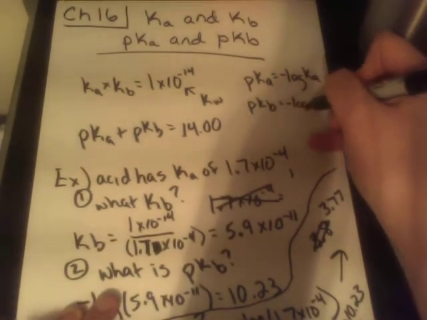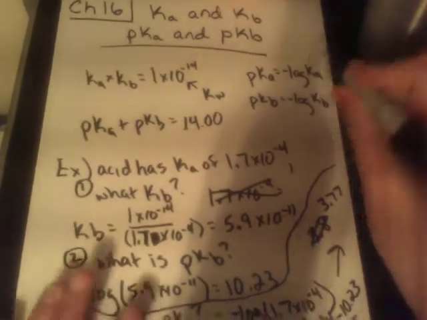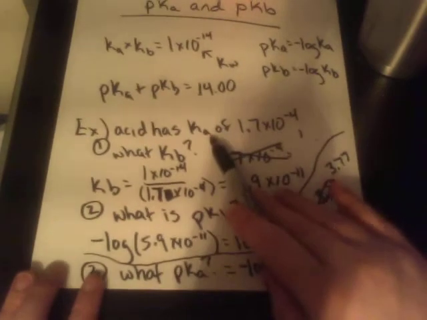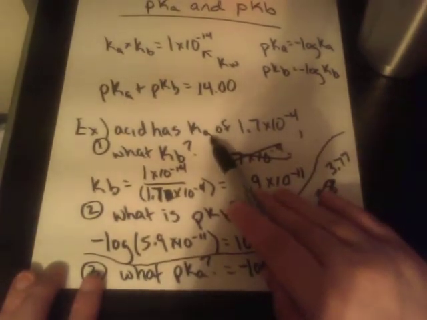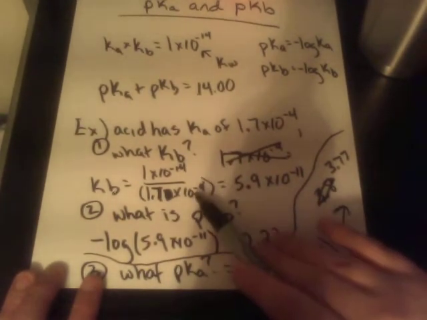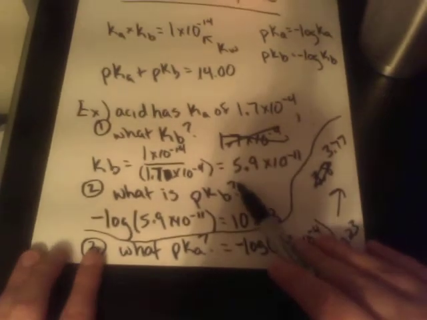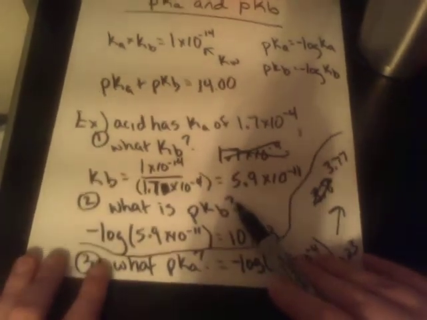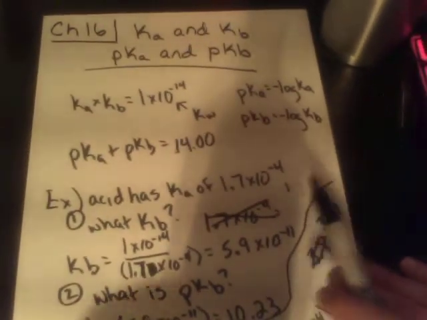Negative log of the K sub B. So if I give you an acid and I give you a K sub A, you can find the K sub B by simple division. If I give you a K sub B and I ask for a pK sub B, all you do is plug it into that simple equation. So hopefully this helps, guys.